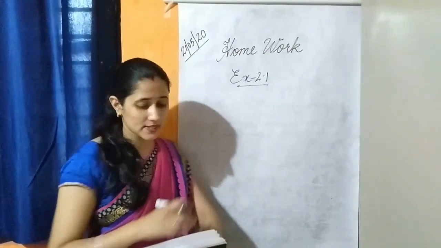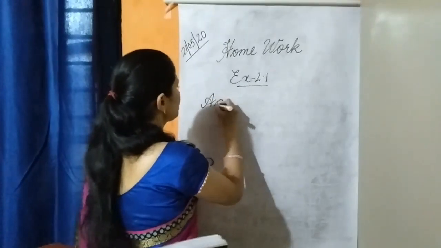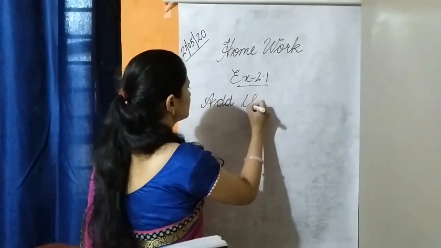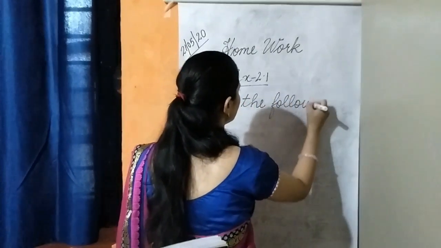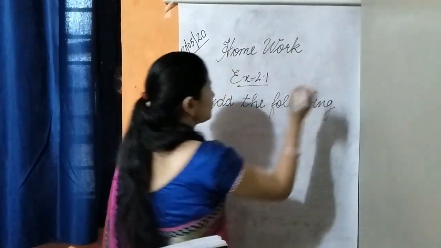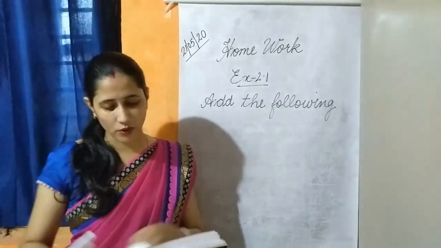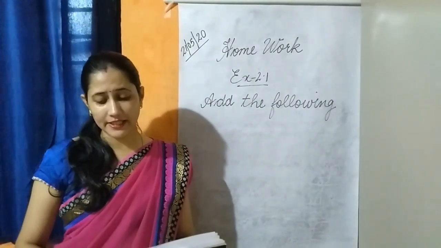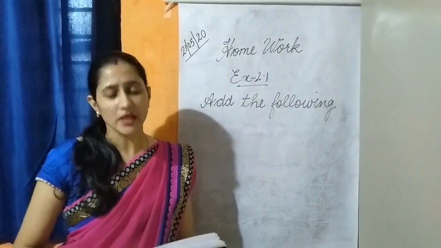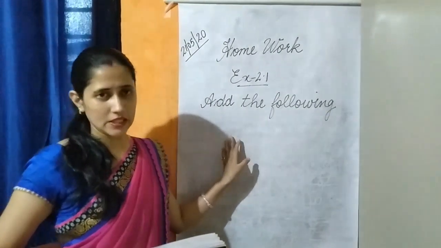Exercise 2.1. Add the following. Add the following you have to do, from A to R. Okay, I am giving this as homework because it is simple addition without carry, but still one I am going to solve it here for you.